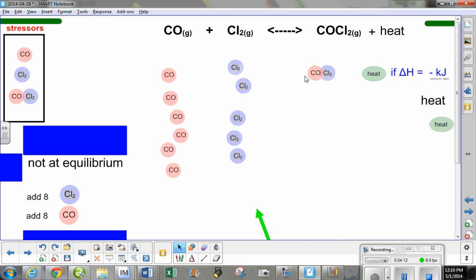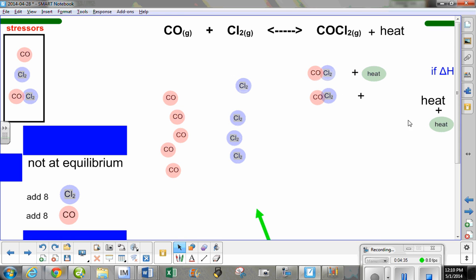Okay? And that heat, here we go. Let's hold on just a minute. We're going to kind of represent it like this. Because we put two molecules together, we're going to have a unit of heat. How much, how little, that's not important right now, but we get heat. If we put a couple more together, we're going to get more heat.